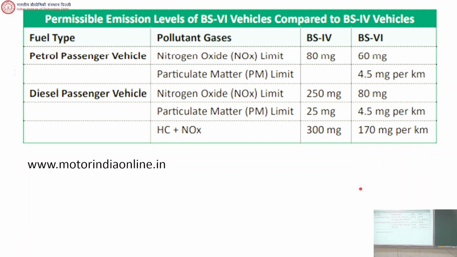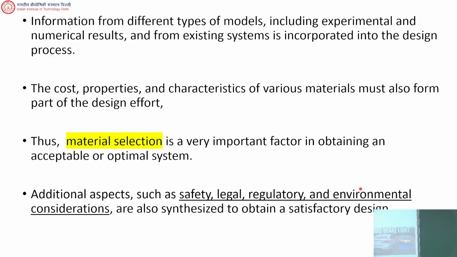Design has many aspects. If we try to do everything, then we will not succeed. It will become too difficult for us and we will not be able to cover it. But this is just to give you the exposure that these things are important. So I said safety, legal, regulatory, and environmental considerations.